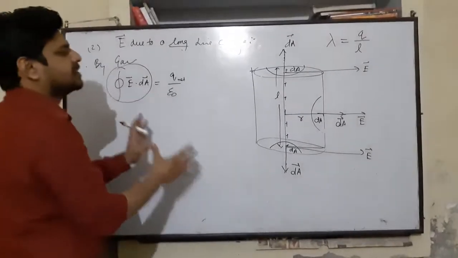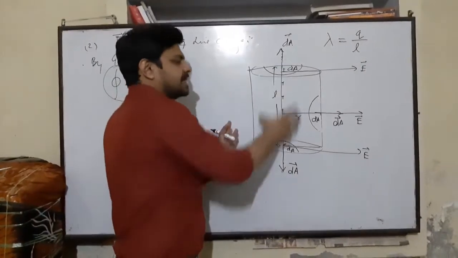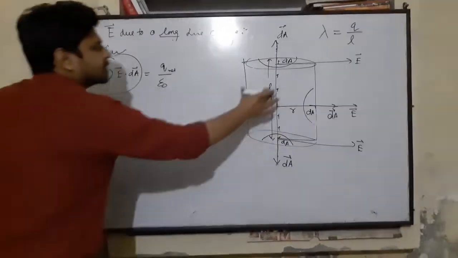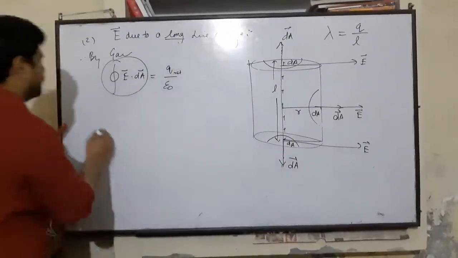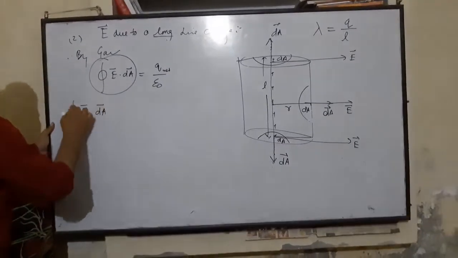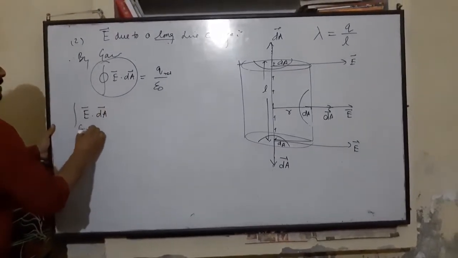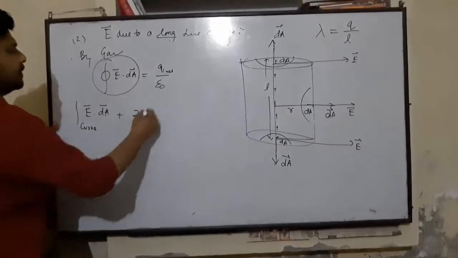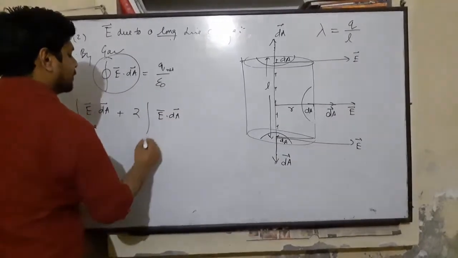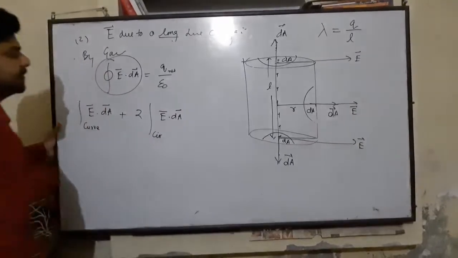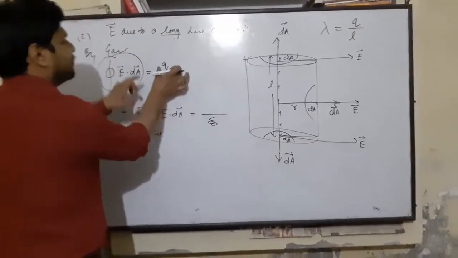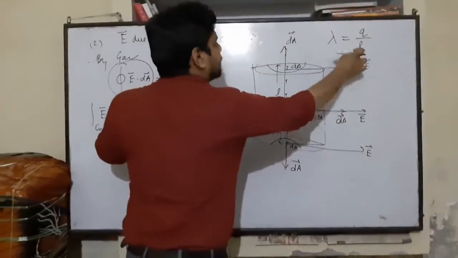The total flux through this cylinder is the algebraic sum of the flux through the curved surface, integral of E dot dA over the curved surface, plus 2 times the flux through a circular face, and it equals the enclosed charge, lambda into L.